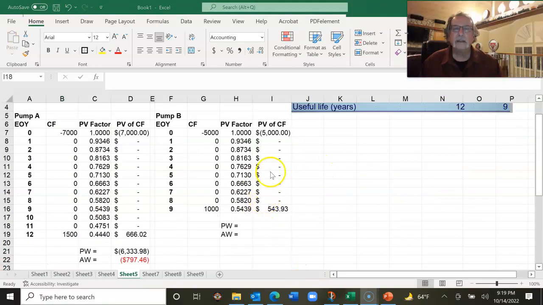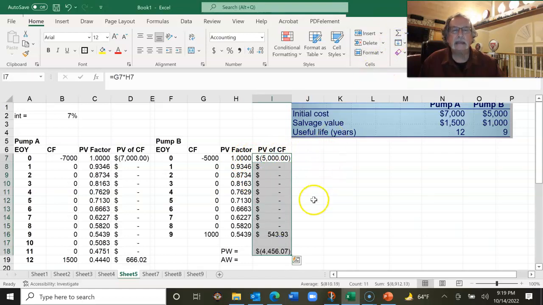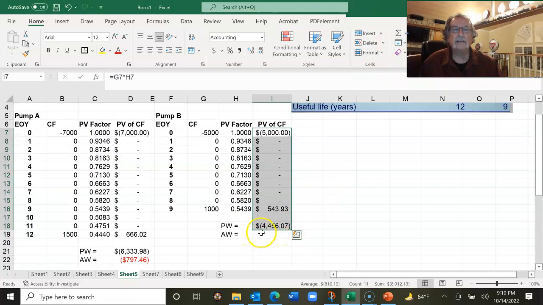Now, I've cleaned up pump B. Now I show it with a 9-year life, $5,000 investment in year 0, $1,000 salvage value at the end of the 9th year. And then I have the present value factors. I compute the present worth, and its present worth is a cost of $4,456.